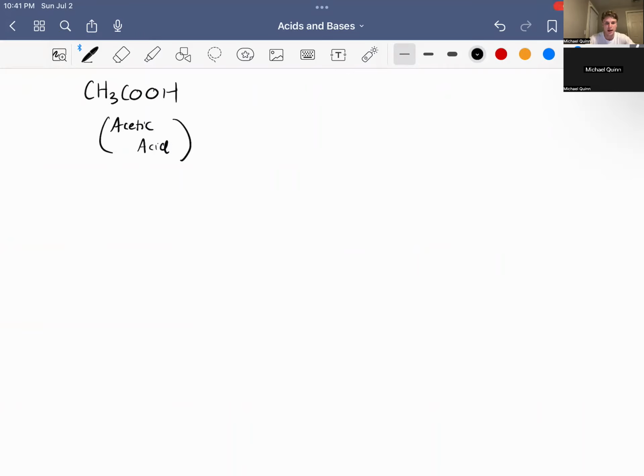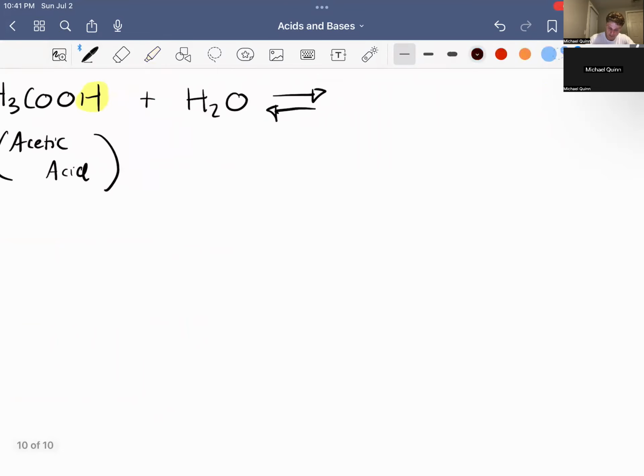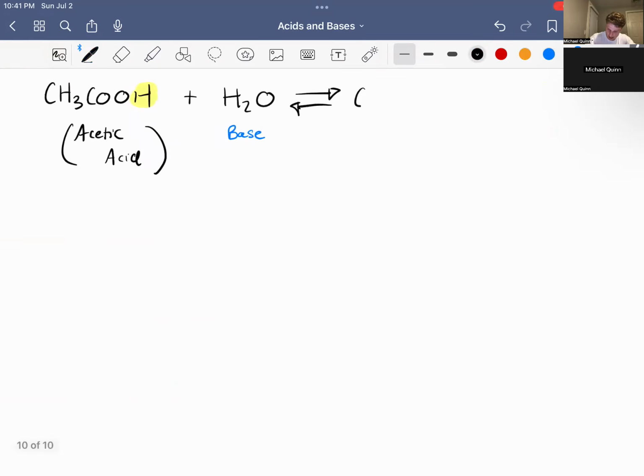If we were to take acetic acid and put it in water, the acid will give away this hydrogen right here. Water will act as a base. This will become CH3COO-.